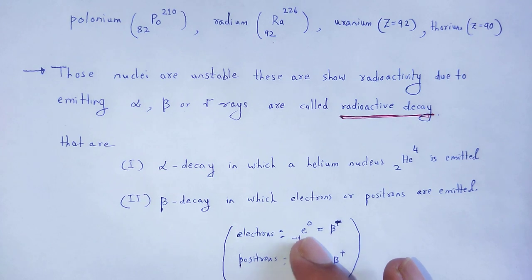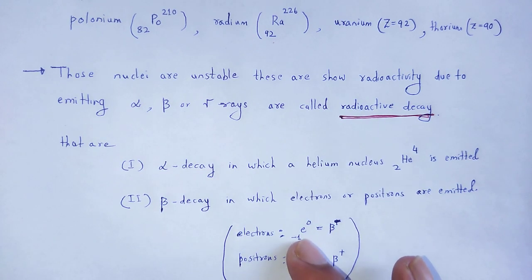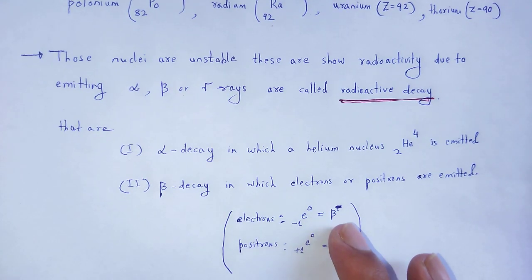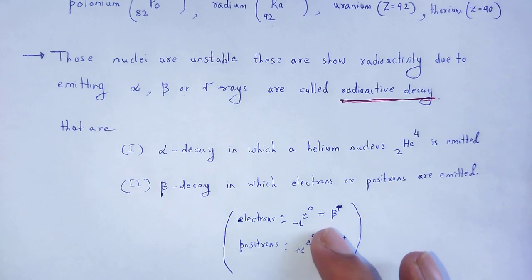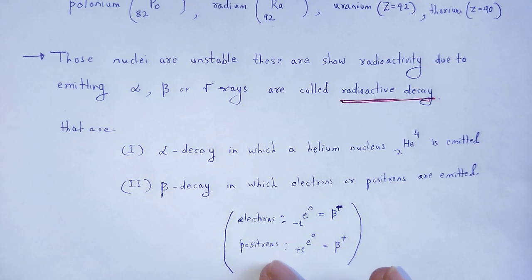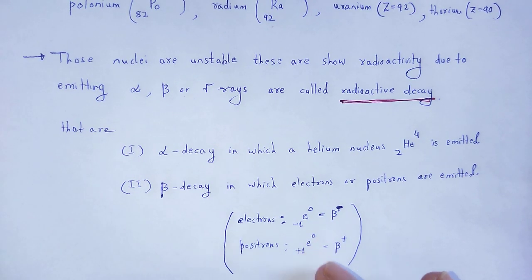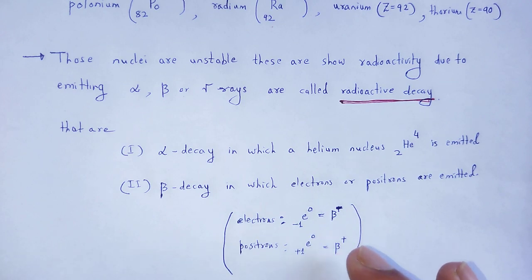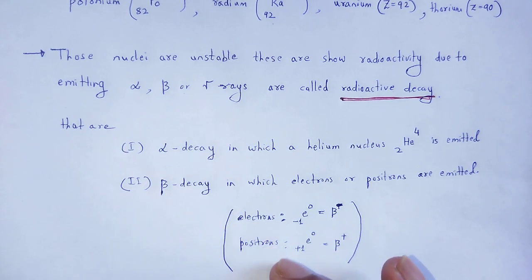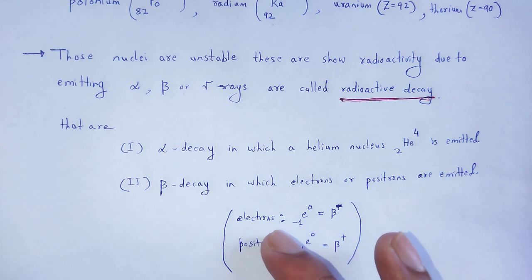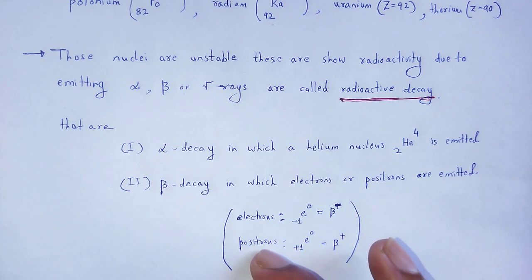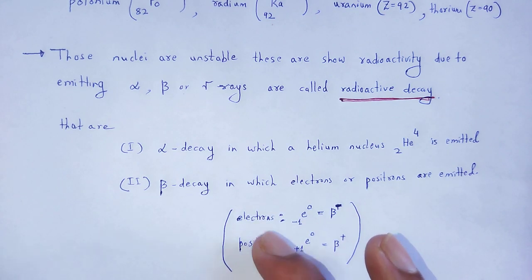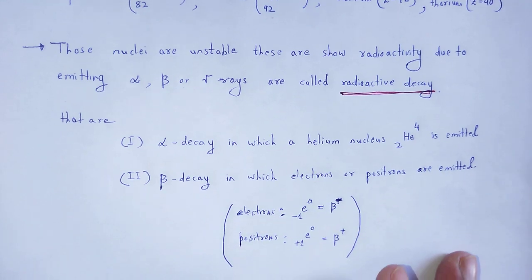Electron, -1e0, is negatively charged and we represent it as beta minus. Positron, +1e0, is represented as beta plus. A positron has the same mass as an electron, but its charge is positive, opposite to that of the electron.